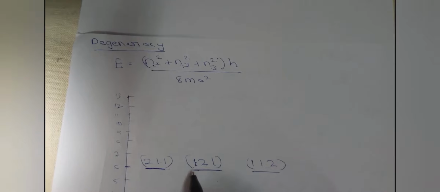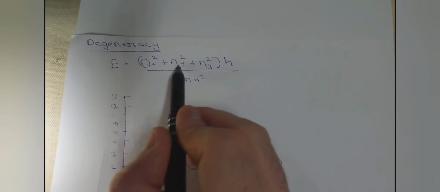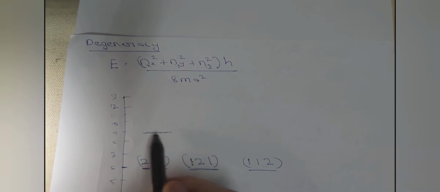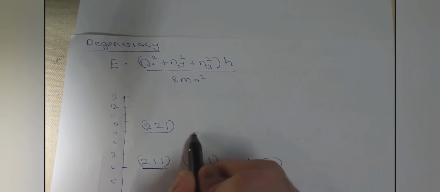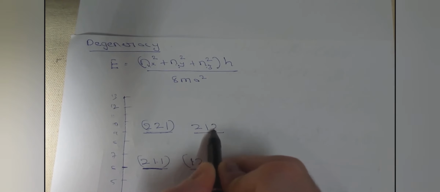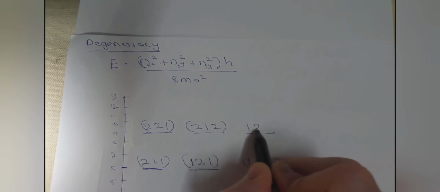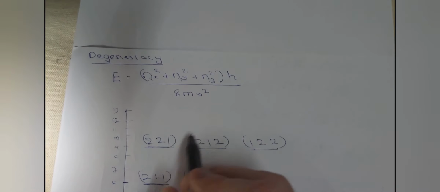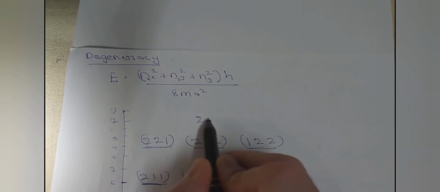Similarly, we can have the 2, 2, 1 combination. 2 square 4, 4 plus 4 plus 1, 9. So that is 9 here. I can have 2, 2, 1, and then 2, 1, 2, and then 1, 2, 2. And then we can have 2, 2, 2, which will come at 12.